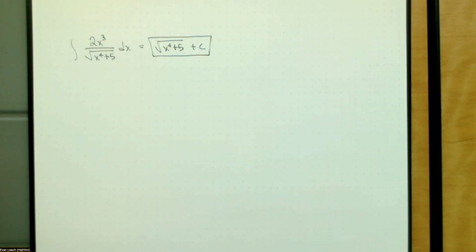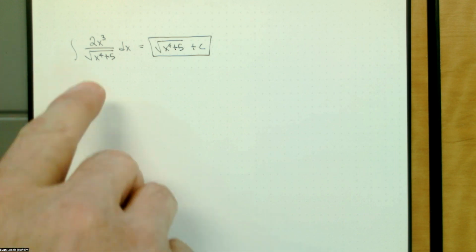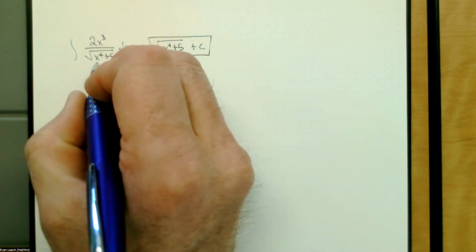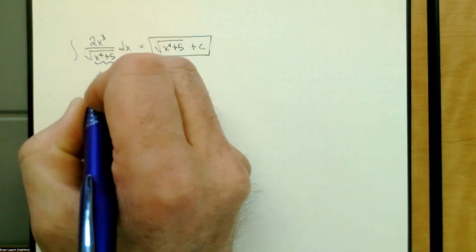We want to think about what happens if I start changing some of these coefficients. So what if instead of 2x cubed over the square root of x to the fourth plus 5, we had the alternate problem? Well, first of all, let's do the inside and outside. X to the fourth plus 5, that's our inside.